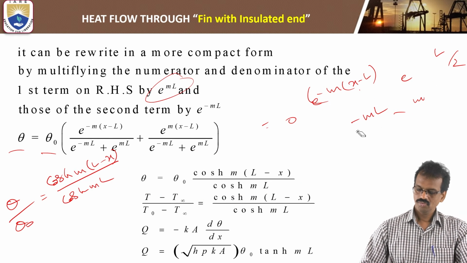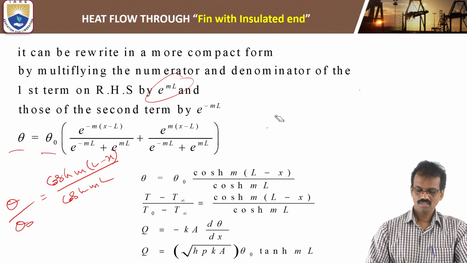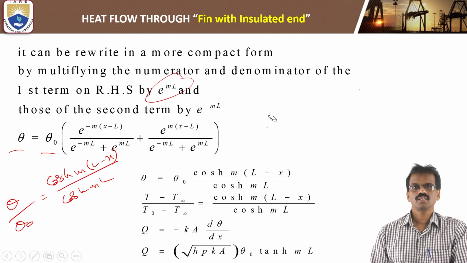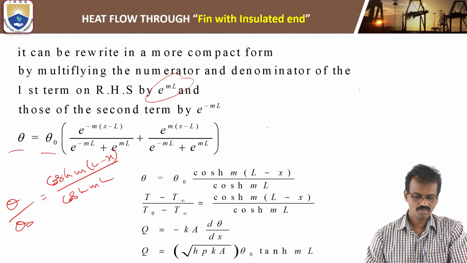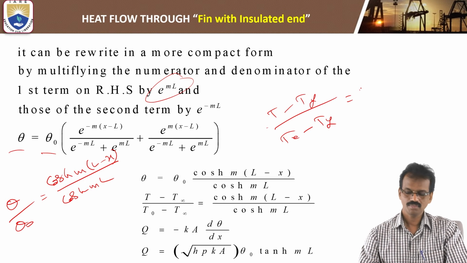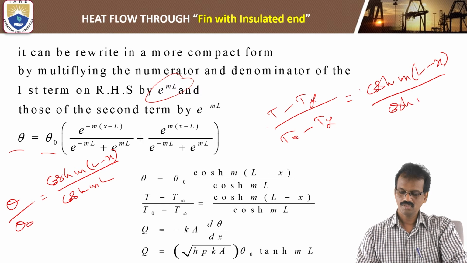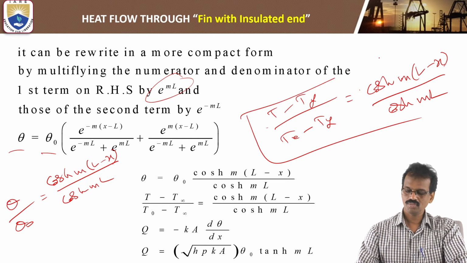Okay. So you know that theta is nothing but t minus t infinity, and theta naught is nothing but t naught minus t infinity. It means t minus t infinity by t naught minus t infinity is equal to cosh m into l minus x by cosh ml. This is the formula, you have to remember this one.